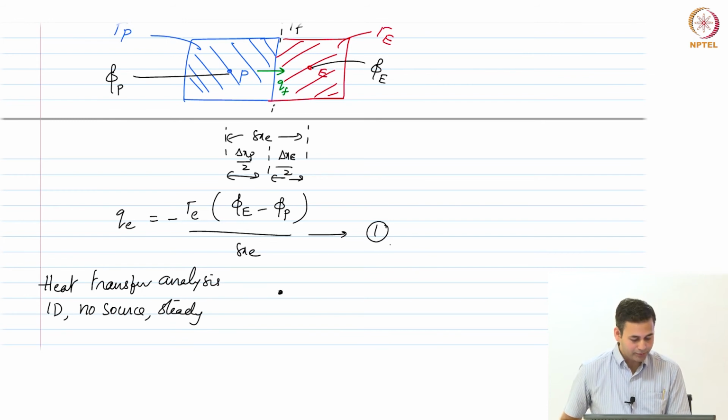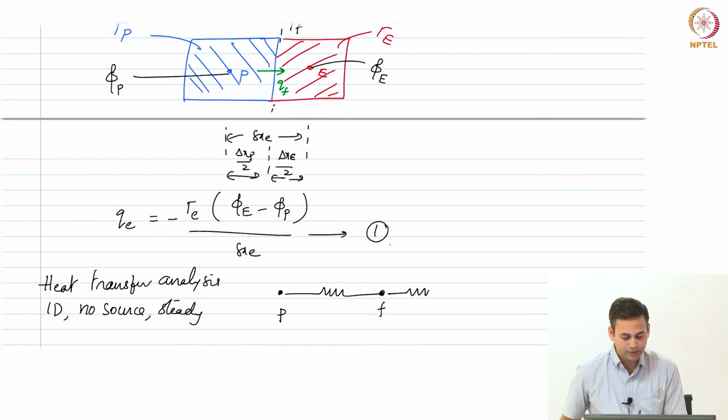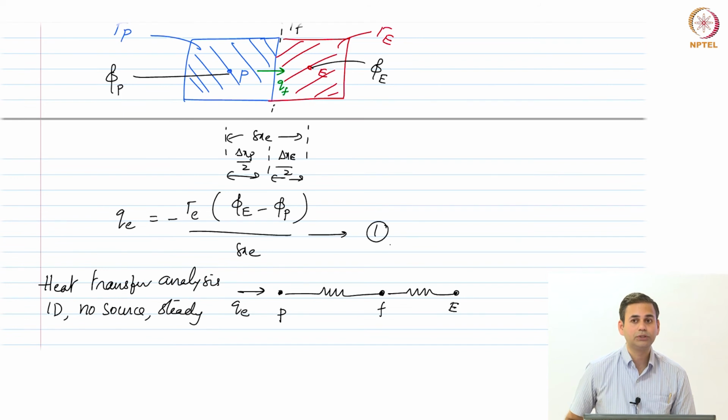So, that means I have this is my P, I have some resistance, then this is my phase and we have some resistance, this is our capital E, right, and we have Q going through this way, we have QE going across this one, right. What would be the equivalent resistances that we get here?